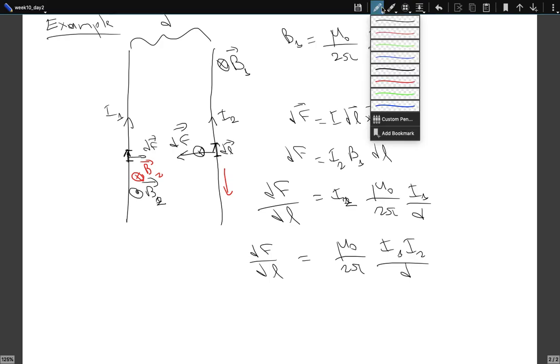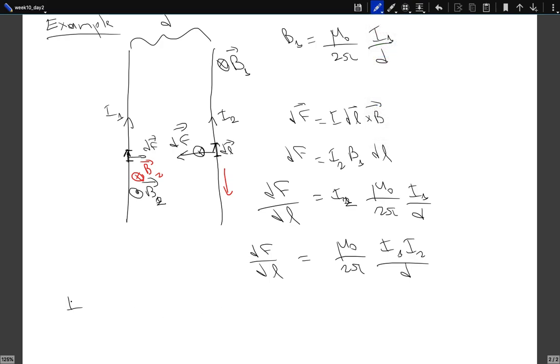Now let's say that the currents are carrying 1 ampere. And the distance is 1 meter. What will be the force per unit length?